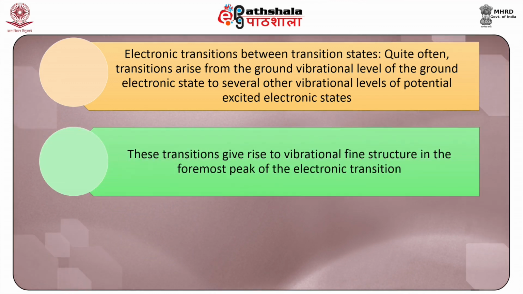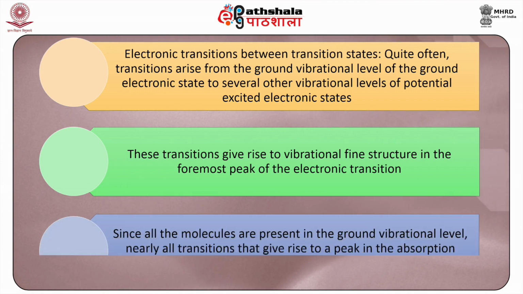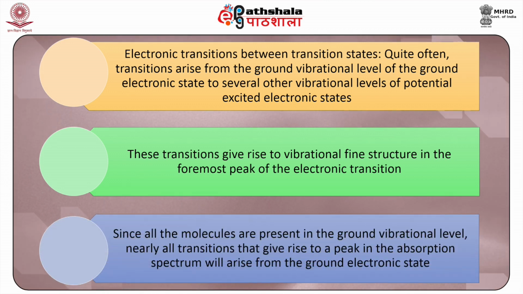These transitions give rise to vibrational fine structure in the foremost peak of the electronic transition. Since all the molecules are present in the ground vibrational level, nearly all transitions that give a peak in the absorption spectrum will arise from the ground vibrational level.